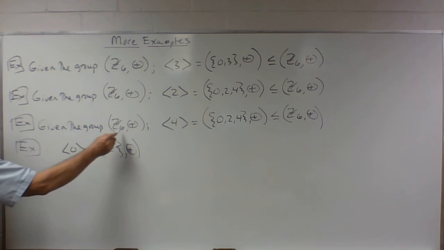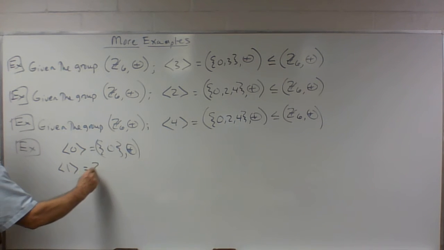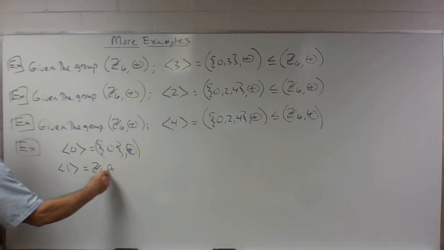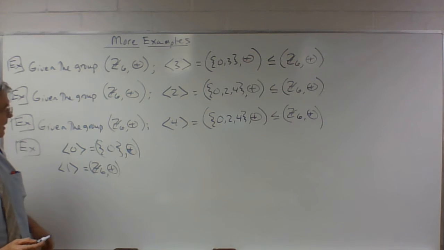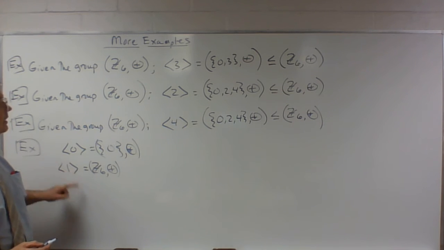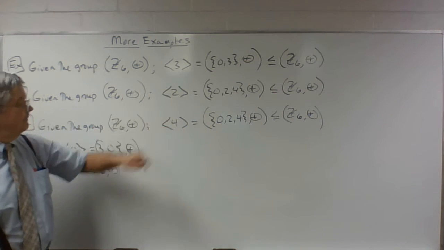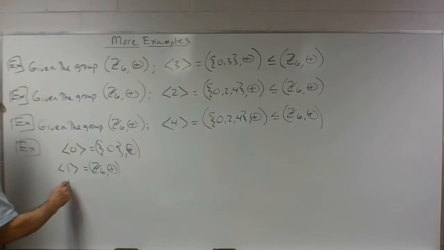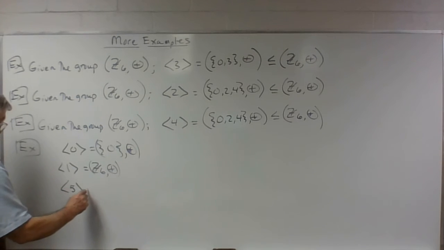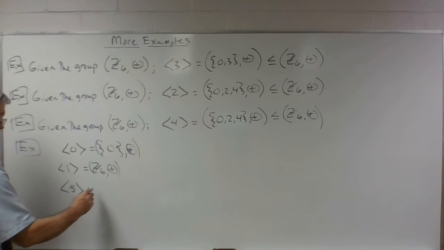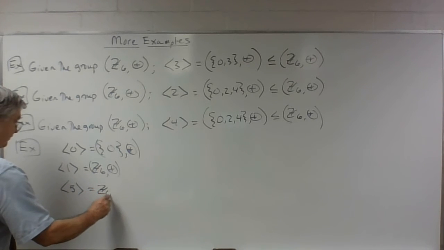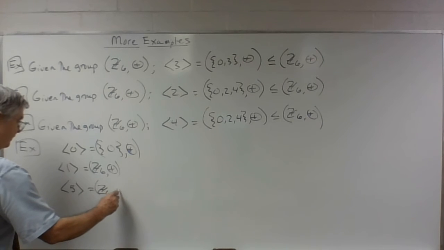Since 1 and 6 are relatively prime, this generates Z6. So if we left anything out, 0, 1, 2, 3, 4, we've left out 5, haven't we? Okay. Since 5 is relatively prime to 6, 5 is going to generate Z6 also.